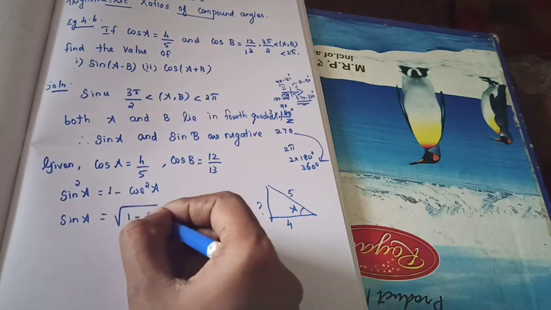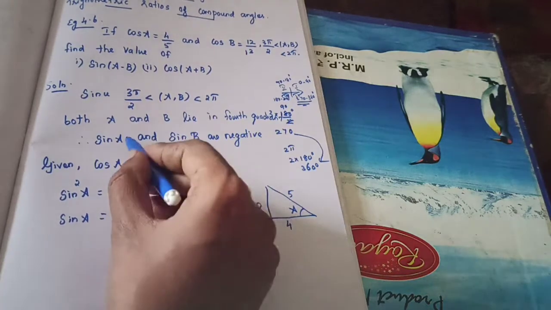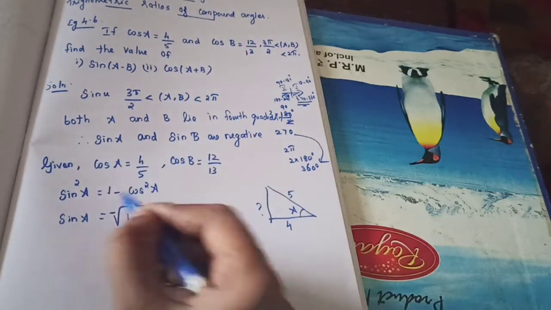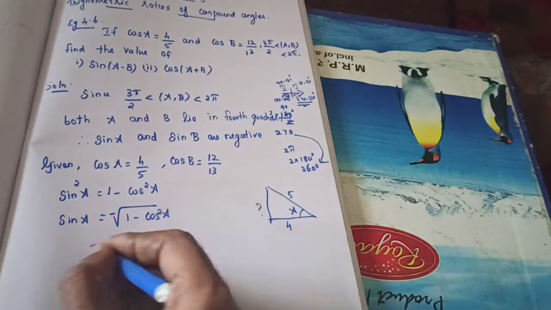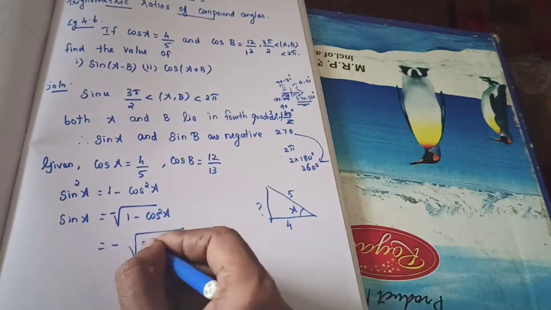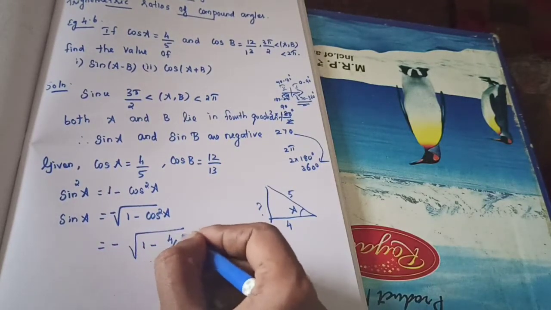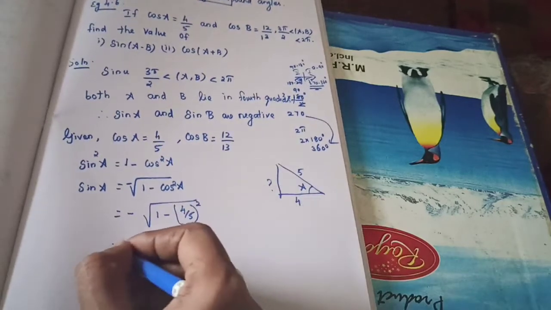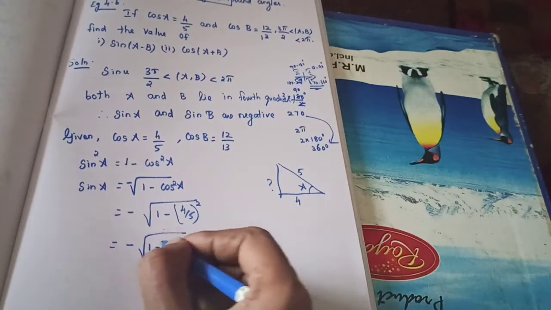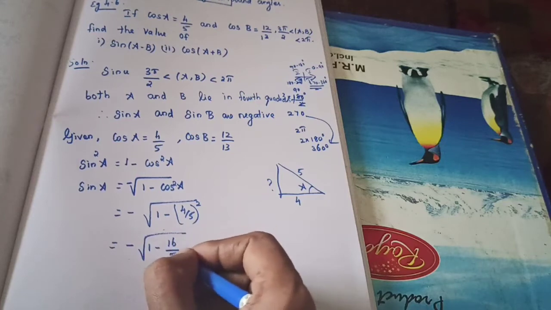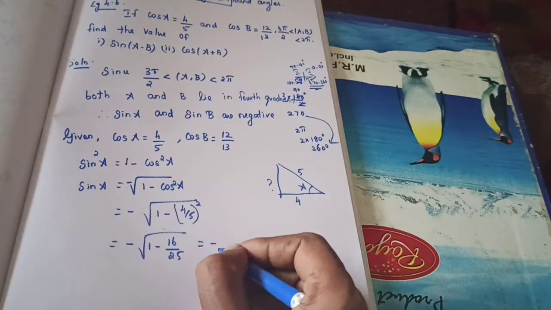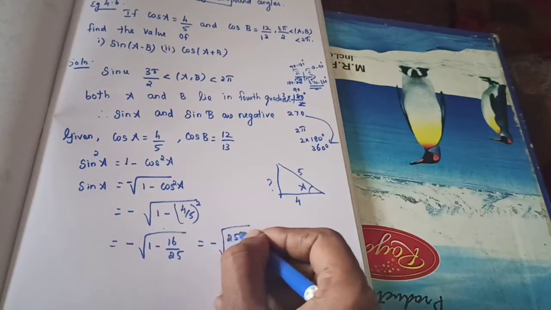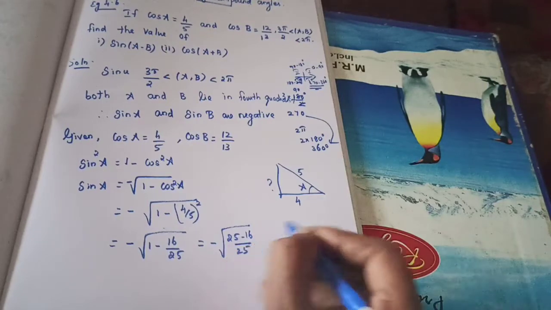So sin A, what will we do? Square root of 1 minus cos square A. Here I said sin A will be negative, so there will be a negative sign. So minus square root of 1 minus 4 by 5 the whole square. That equals minus square root of 1 minus 16 by 25, that is minus square root of 25 minus 16 by 25.